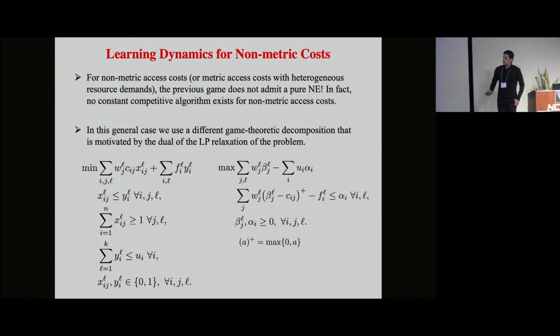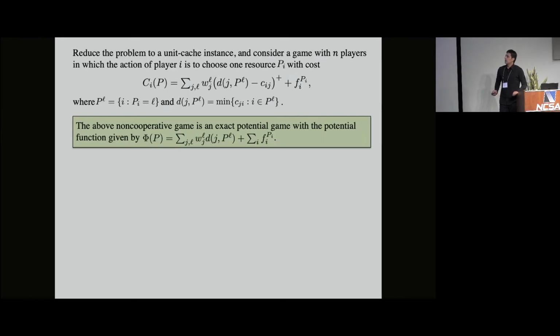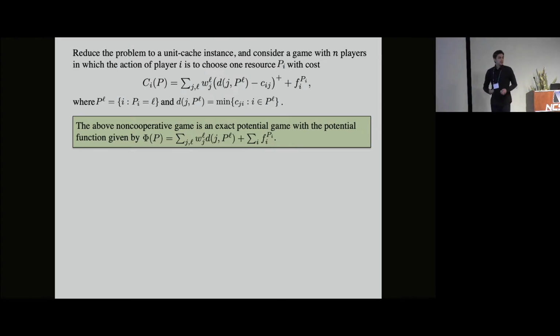Now, we are going to sum up all these dual constraints and guess the dual variable beta JL to be this quantity, where DJPL is the minimum distance that agent J has to travel to get access to resource L given an allocation profile P. Okay? So this is the sum of the dual constraints that you saw earlier, with the difference that we are guessing the dual variable like this.